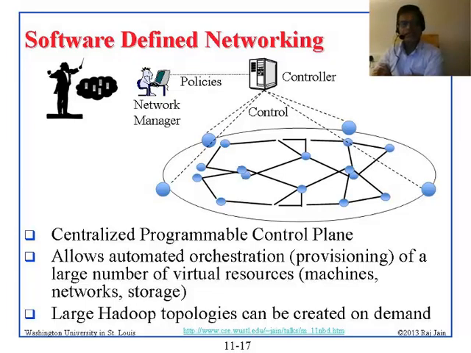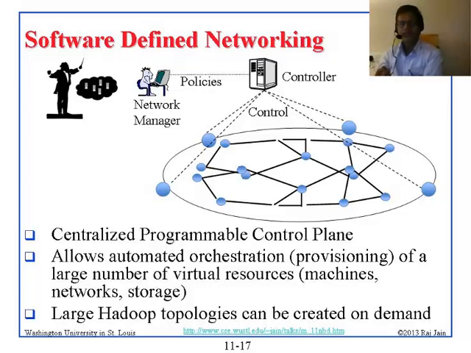The second thing it gives you is programmability. Now that the control plane is in one computer, you can put any policies you want, and you can change the policy any minute you want, and it goes to all the switches at the same time.